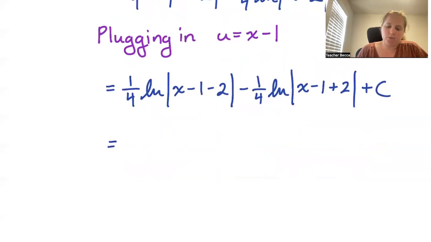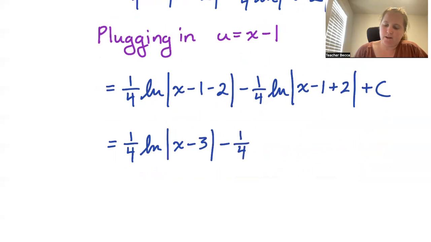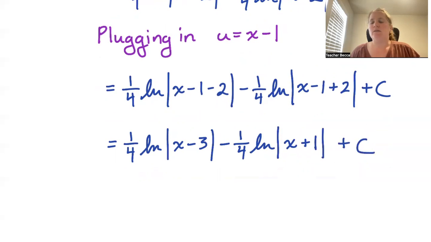And we wind up with 1/4 times the natural log of the absolute value of x minus 3 minus 1/4 times the natural log of the absolute value of x plus 1, then plus c. So there's some trig substitution involving u substitution as well after completing the square.